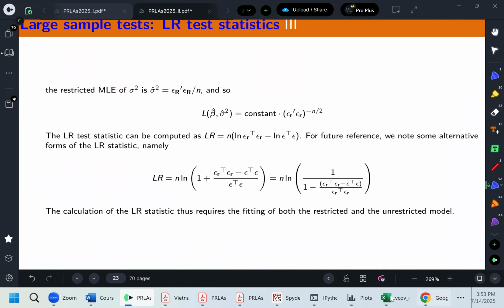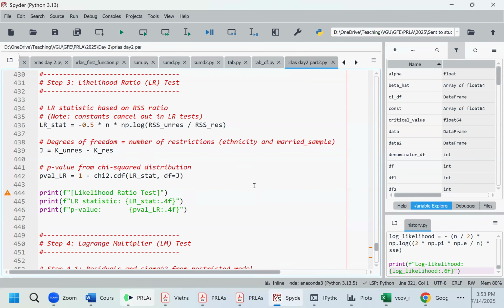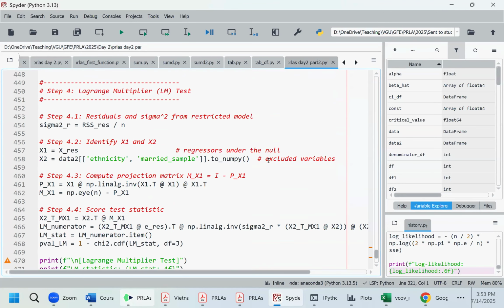Good. And then I use the LM test, right? The LM test is nothing more than the steps to replicate the mathematical derivation about the LR.